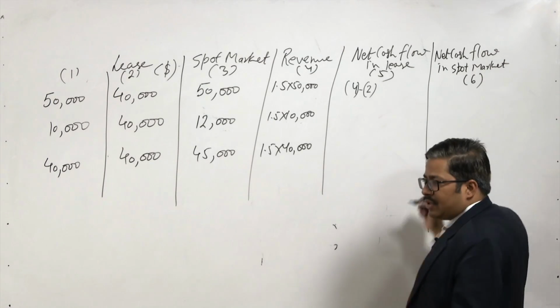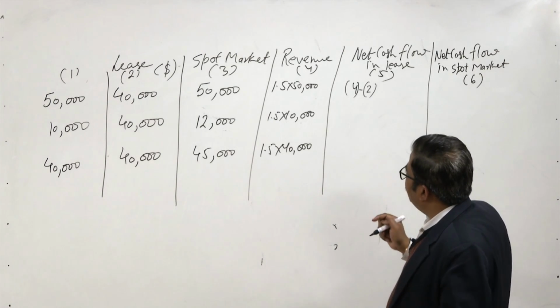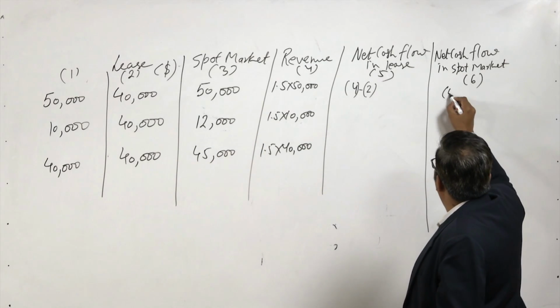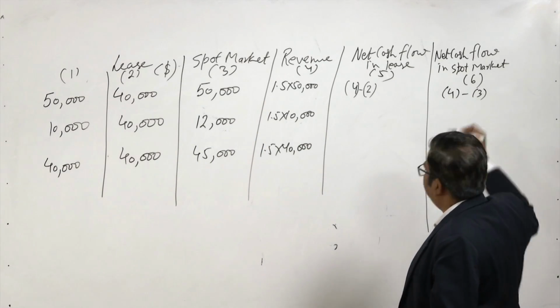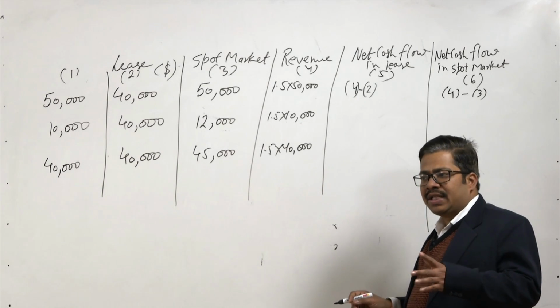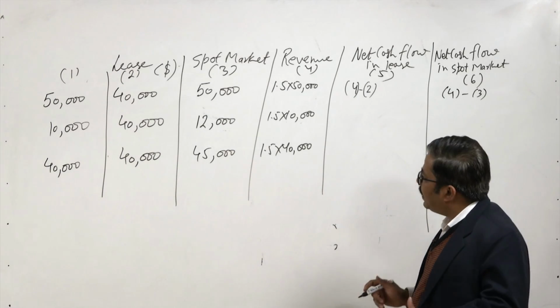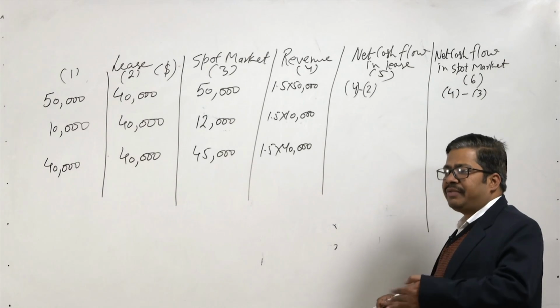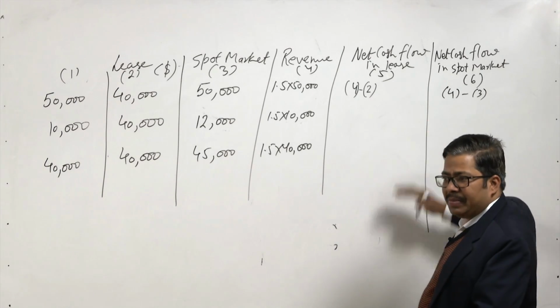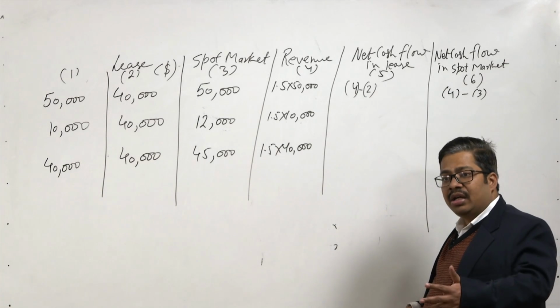This is column 6, and these will be the values of 4 minus 3. So here I calculate 4 minus 3, and now considering the same rate of return, that is 10%, I will calculate the present value of column number 5 and column number 6.